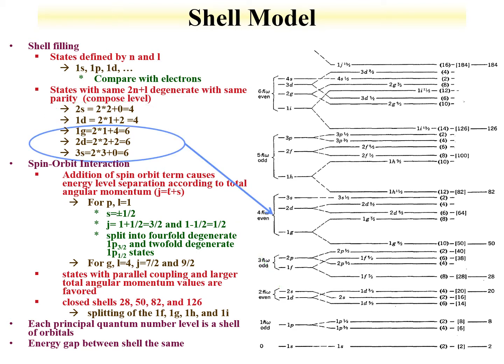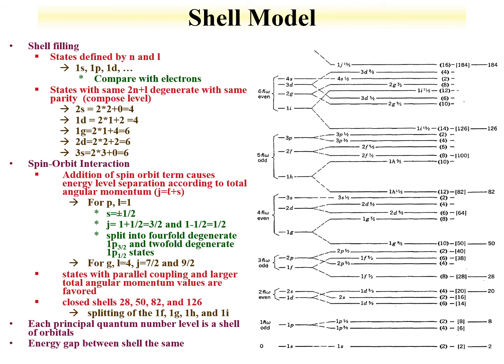We can see the same thing shown here, where we have the 1g, 2d, 3s, where all of these equal 6, and those levels become degenerate. Then when we have spin-orbit coupling interactions, we can split the angular momentum, where j equals l plus s.